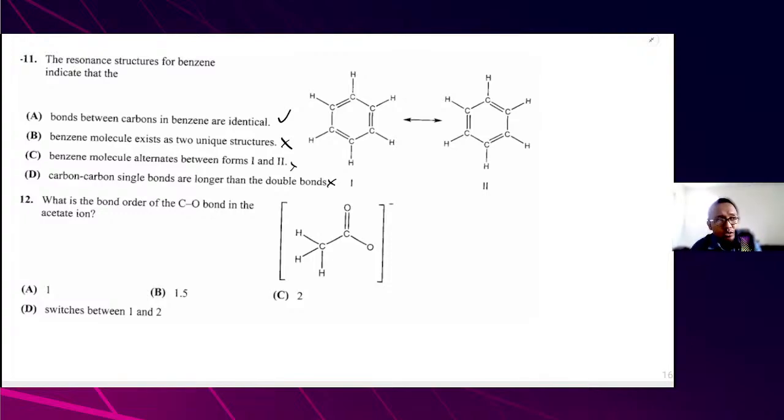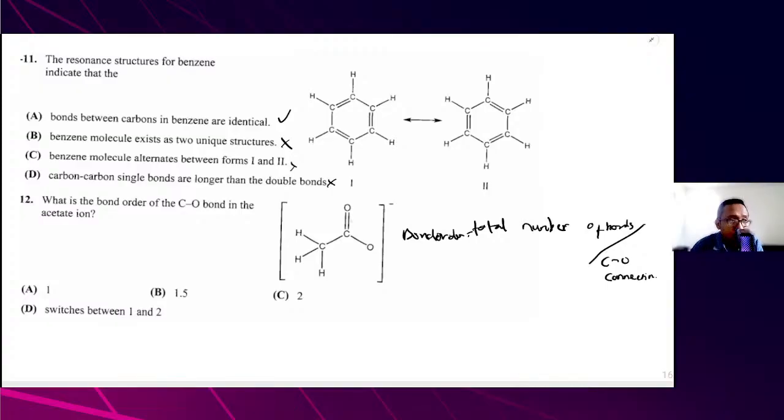Let's use the resonance structure for acetate first. As you can see, for the acetate, the bond order is the total number of bonds divided by the number of CO connections. This one is the bond order. Total number of bonds: let's take a look at this one.